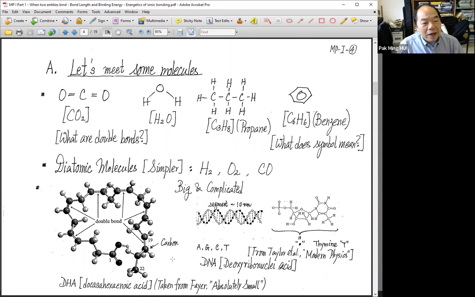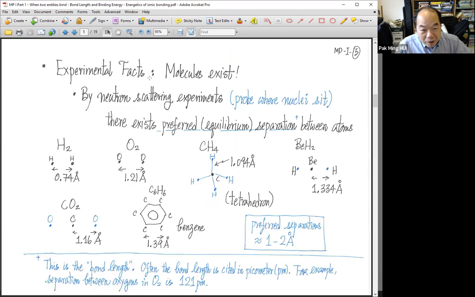So now let's meet some molecules. First thing first, molecules exist. Okay, apply quantum mechanics. We don't do anything that is dark energy. No one knows what it is. Well, molecules exist. Therefore, we have a very concrete problem to understand.